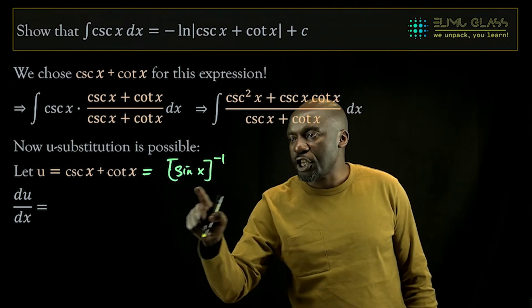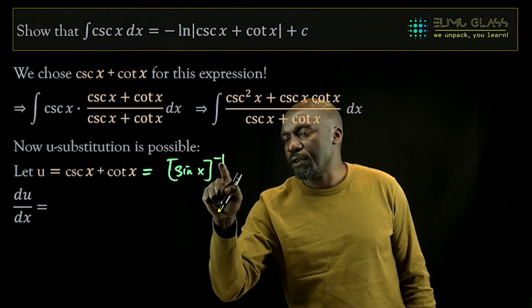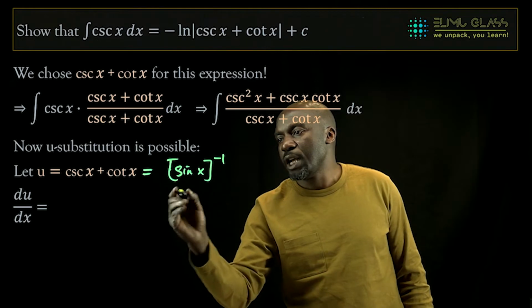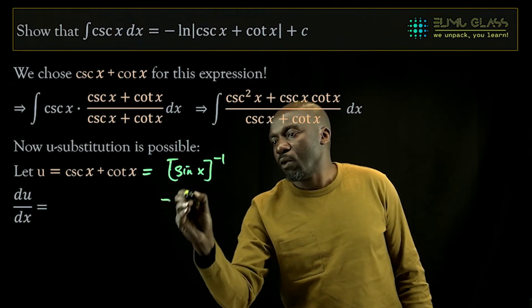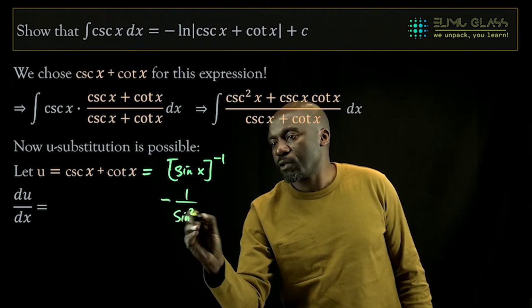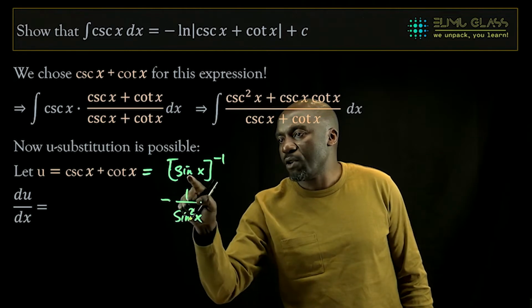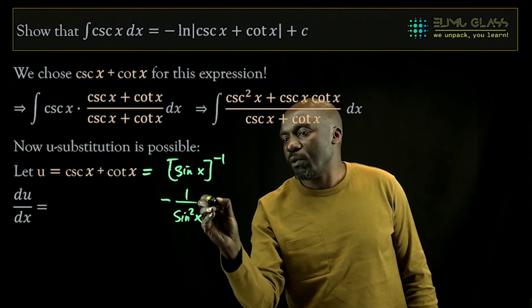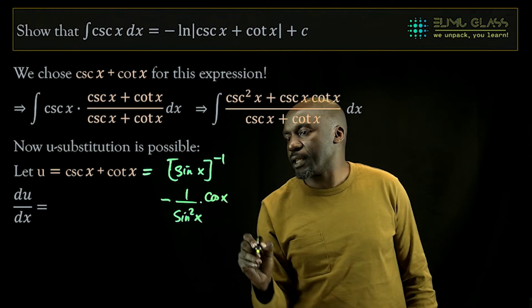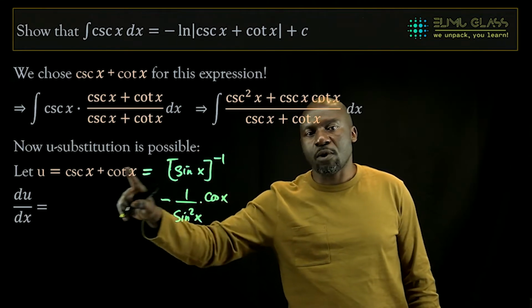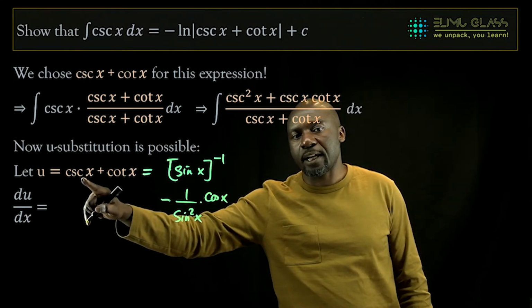Differentiating, this is the chain rule: I differentiate outside first and get negative 1 over sine squared of x, and then differentiate the inside, which gives cosine of x. So that is the derivative of cosec x.